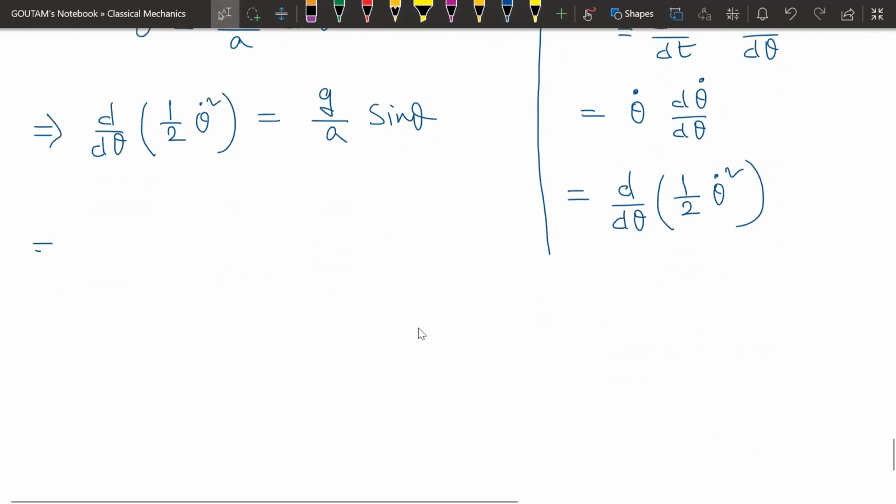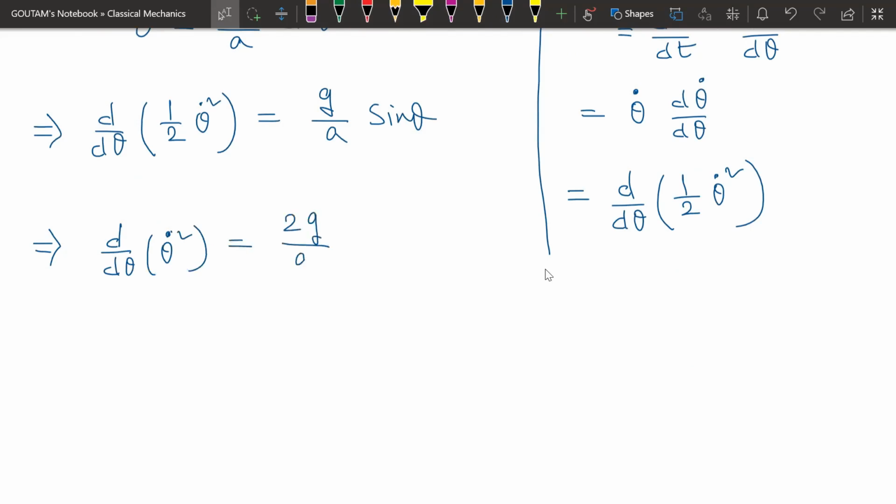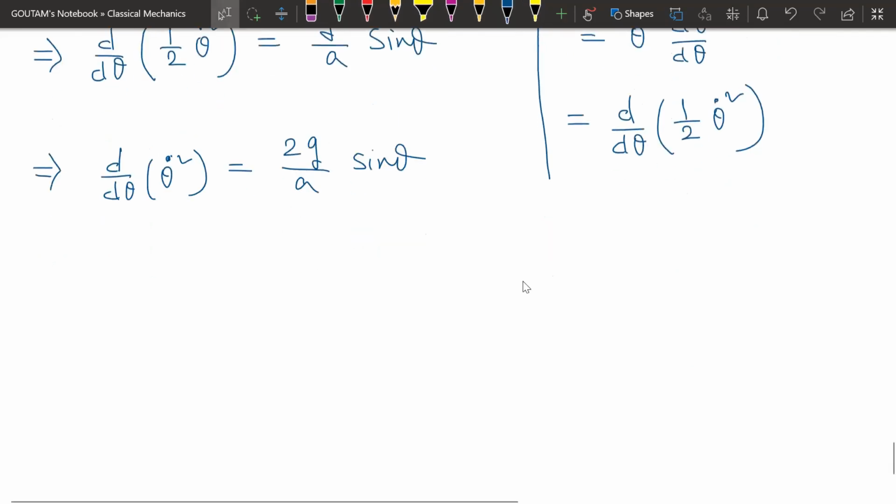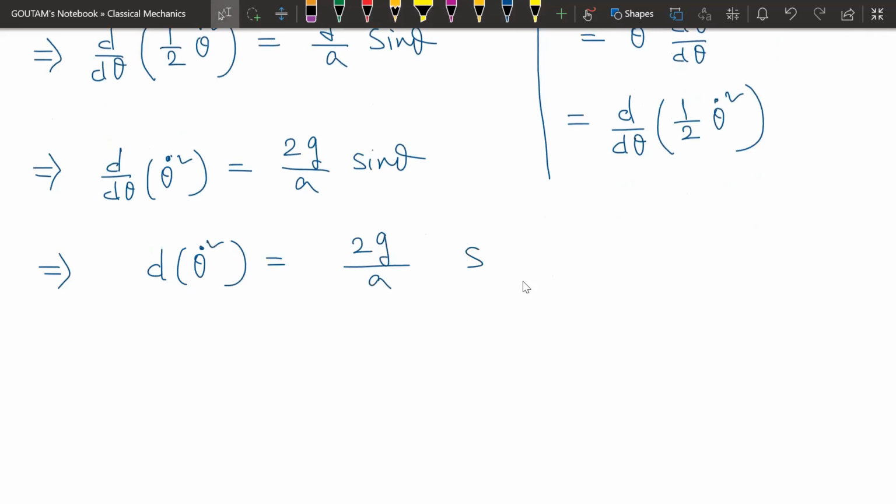Now this half is independent of theta, so we can take it to the right hand side. So we get d/d theta of theta dot square equals 2g by a sine theta, and d of theta dot square equals 2g by a sine theta d theta.